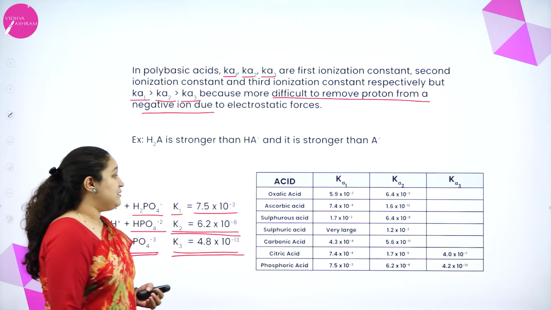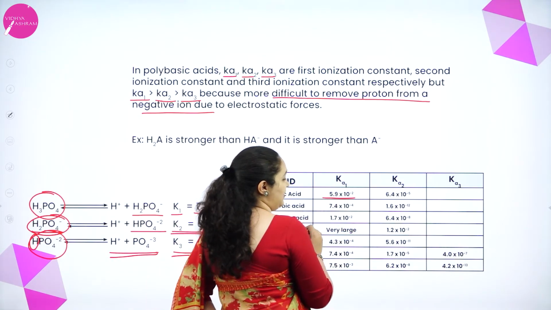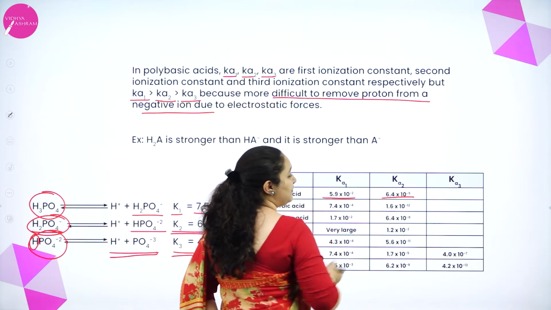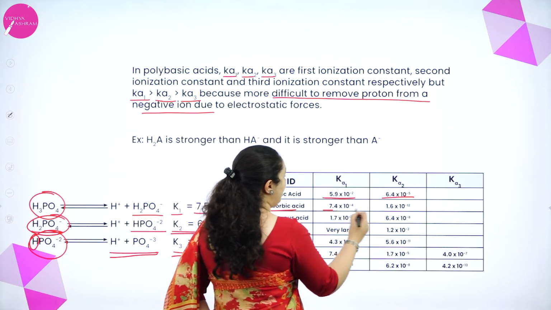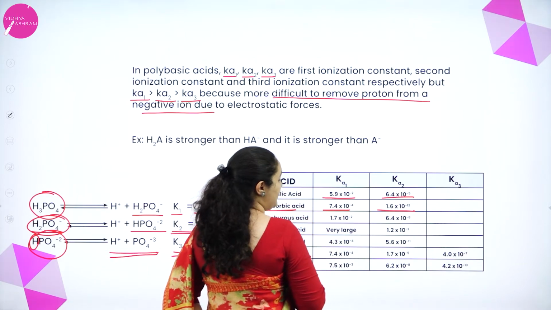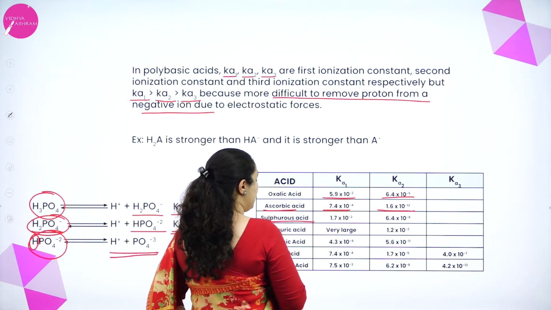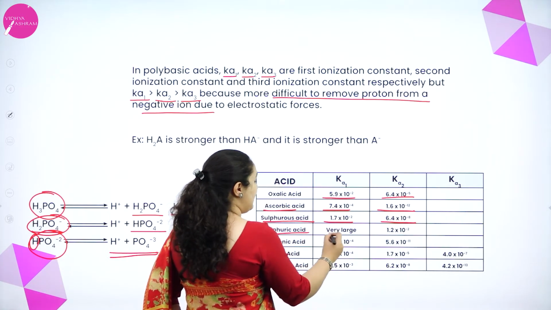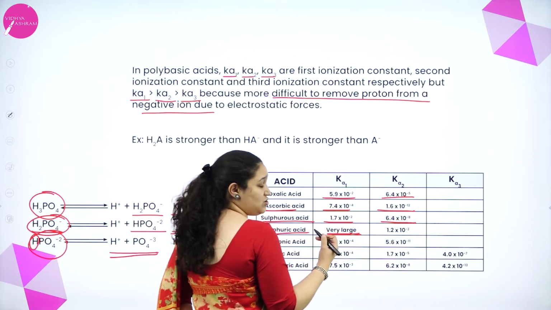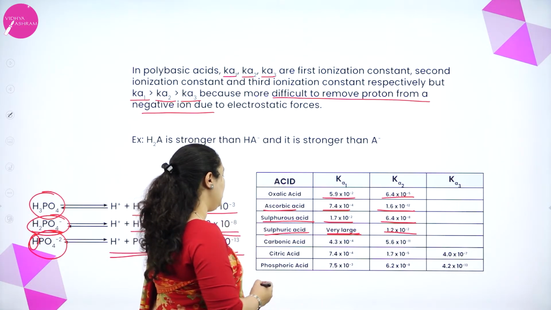Okay. Similarly, you can see here for oxalic acid, for the first one it is very easy to remove, but for the second one the Ka value is lesser. Similarly, for ascorbic acid, you can see there is a large difference, 10 power minus 4, here it is 10 power minus 12. Sulfurous acid 10 power minus 2 and 10 power minus 8. Sulfuric acid is very large because it's a very strong acid, but here you can see the second one is not that strong.